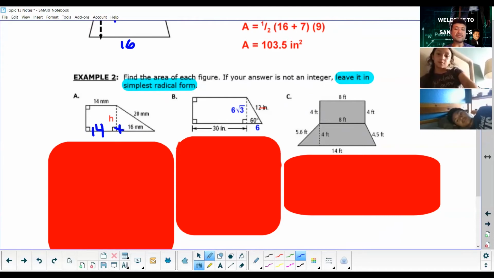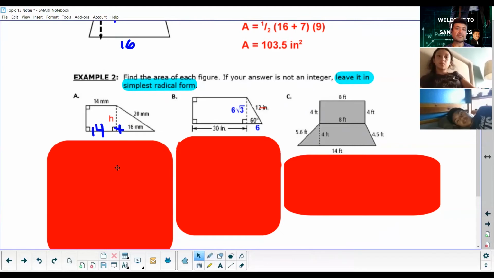And then what would you do afterwards? Afterwards, I just added that to 14 to get 44. Then the next step I would do is divide it by 2 to give 22, and then, since we don't have H, it would just be 22H.